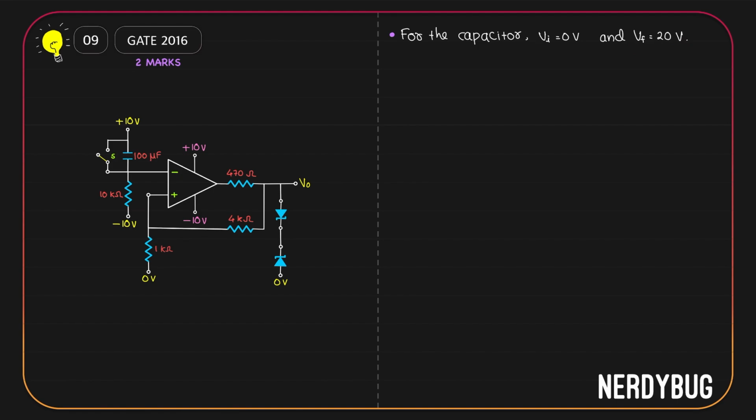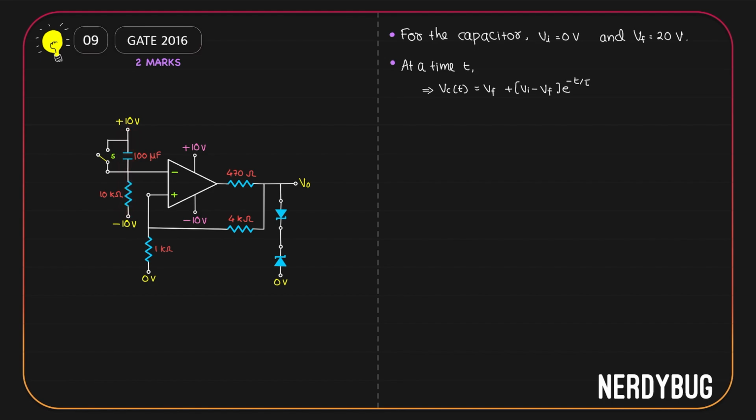Now, for such a capacitor, potential drop across it as a function of time can be found using this expression. It will be Vf plus (Vi minus Vf) e to the power minus t by tau. Tau is the time constant. We know it is RC, but which is the RC circuit we are talking about? See, when the capacitor charges, it charges through the 10 kilo ohm over here.